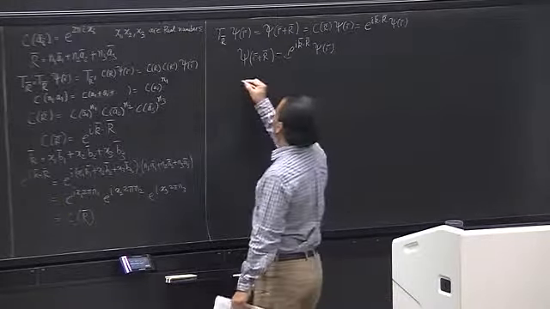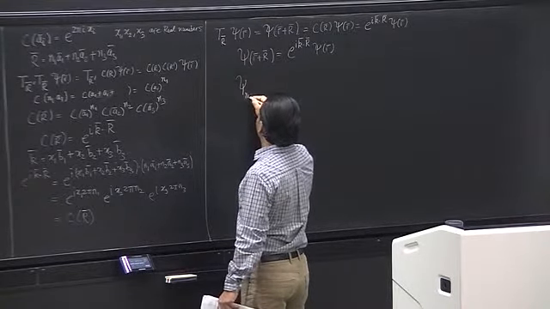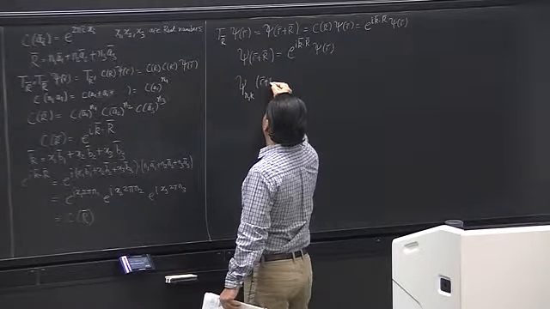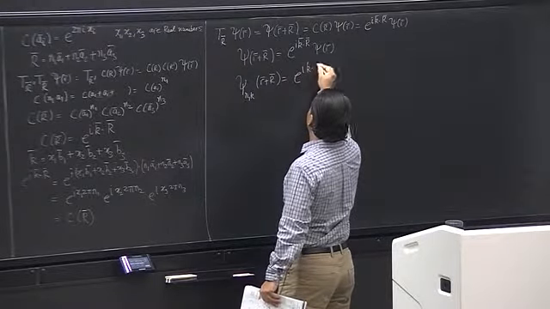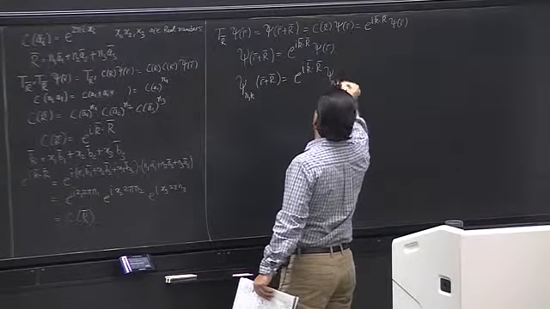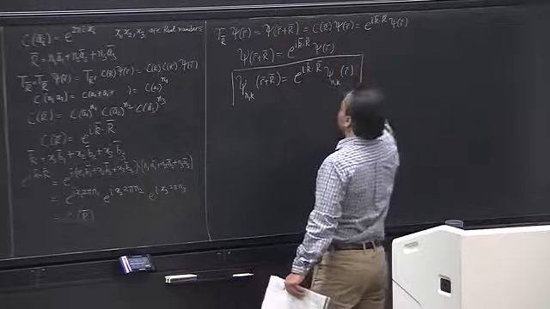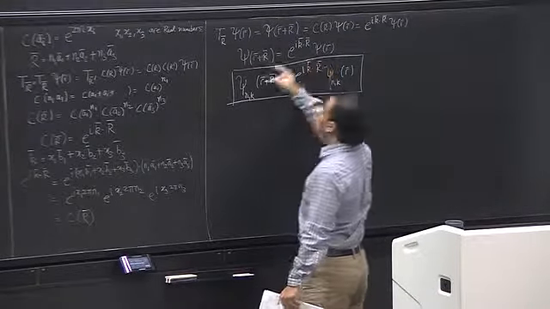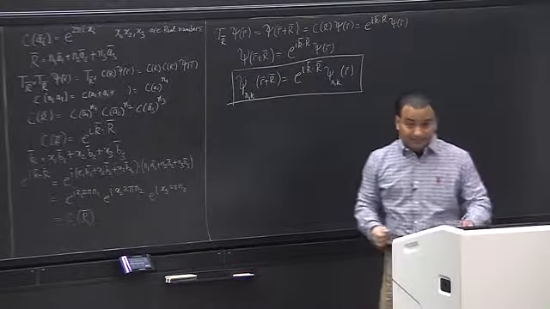So what I'm going to write down is Bloch's theorem with some additional quantum numbers n and k. So I've really done nothing but just added some labels, some quantum numbers for eigenstates.